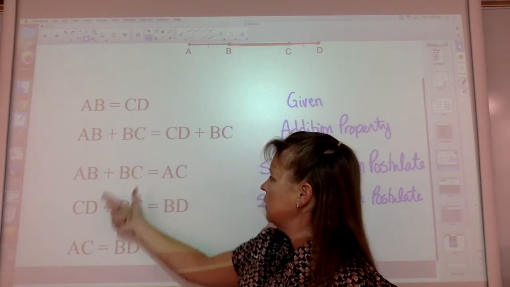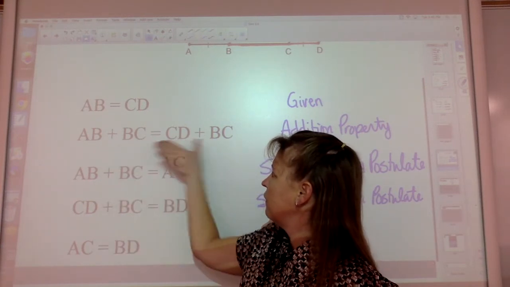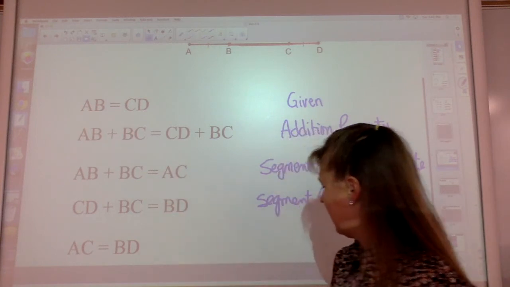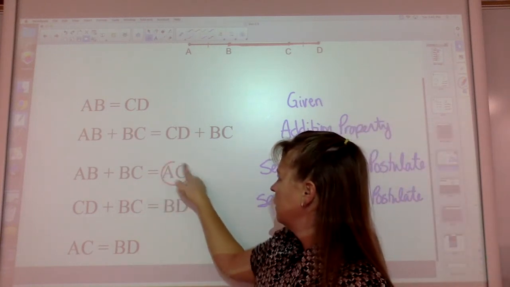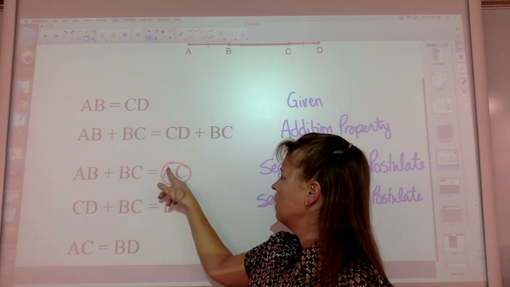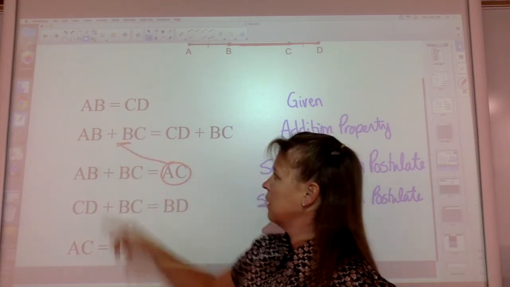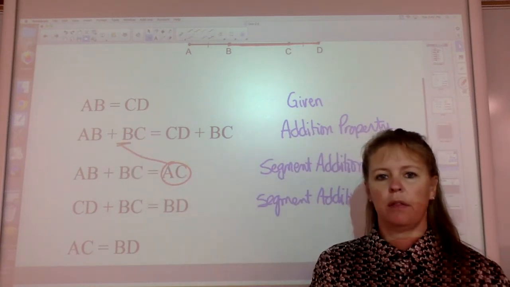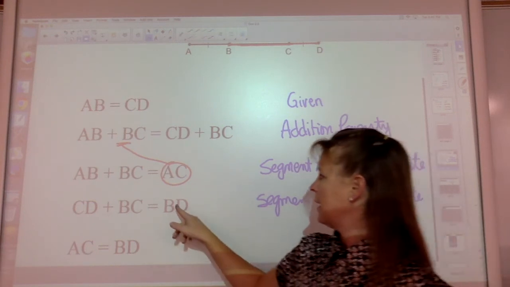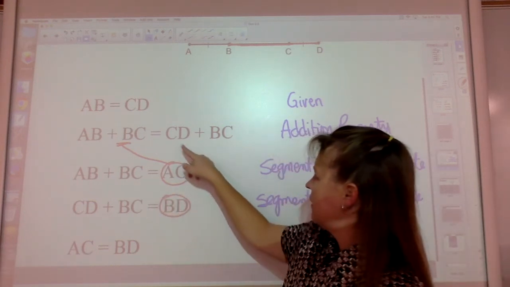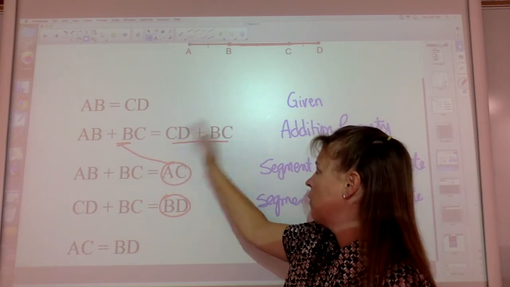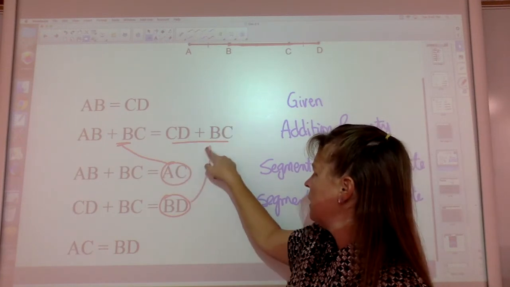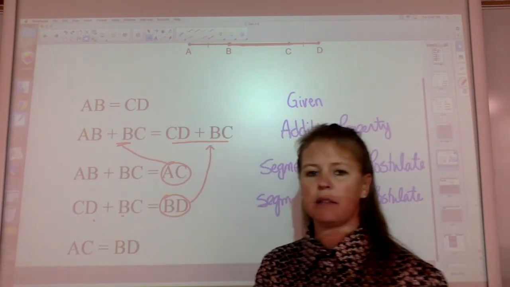AB plus BC, CD plus BC, if those were equal to each other, can't I take this AC? If those two pieces are equal, can't I put that in place? I can exchange those out. They're equal. And can't I take BD? What if I take CD plus BC out of that equation and put BD in its place? It's fine because they're equal.